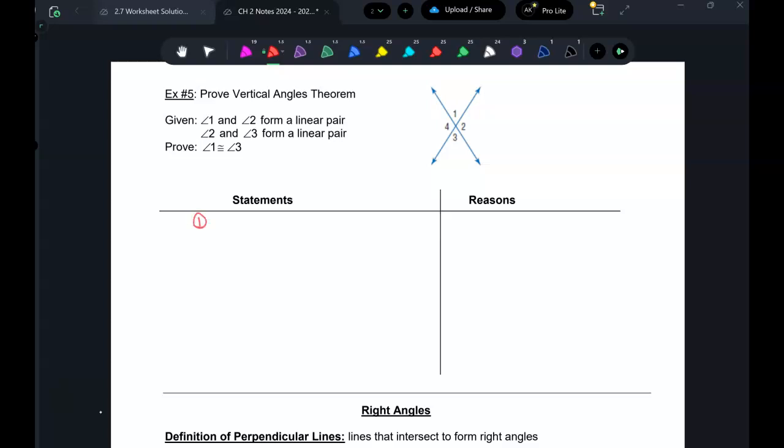All right, so I know angle 1 and angle 2 form a linear pair, and I know angle 2 and angle 3 form a linear pair. You can abbreviate in your notes, it's fine.